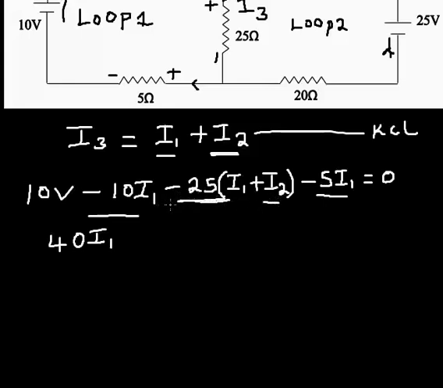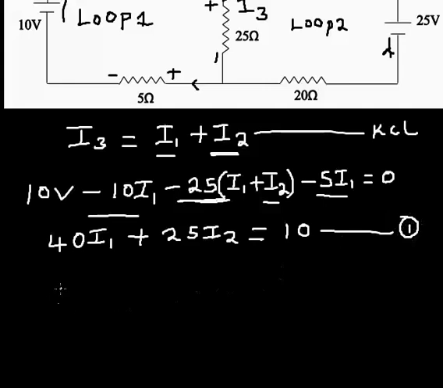I'm going to have minus 25 I2, and if I move minus 25 I2 to the other side of the equation, it becomes plus 25 I2. While the voltage 10 volts still remains at one side, I'll call this my equation 1, the equation for loop 1.